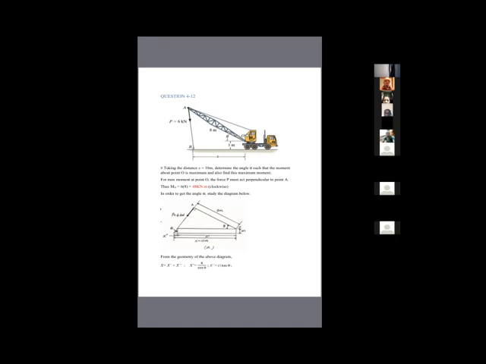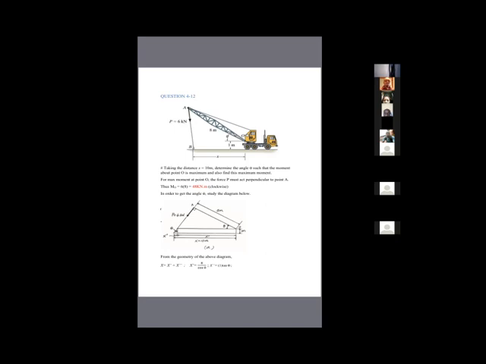So we need to find the magnitude of this moment, considering that it should be the maximum moment. So for us to be able to get the maximum moment about point O of the 6 kilonewton, this will only happen if and only if the 6 kilonewton is acting perpendicular at point A to the distance OA.